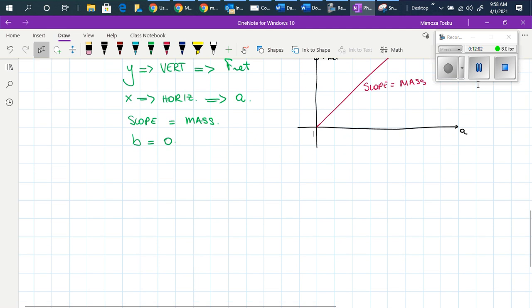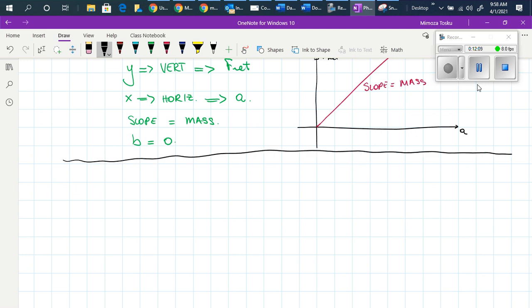Now let's see another experiment. Supposing there is an experiment in which you are measuring the universal force of gravity.